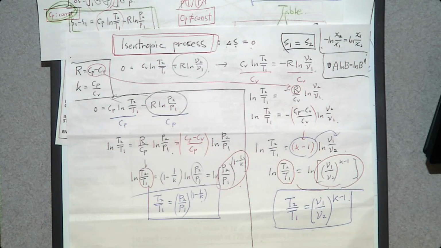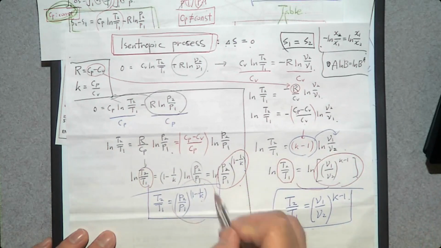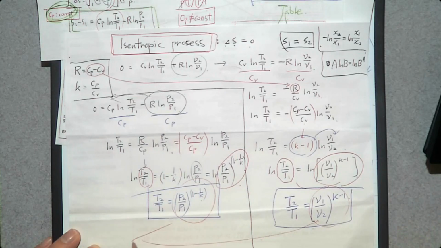Then T2 over T1 is this one. And again, T2 over T1 is this one. So this pressure should be the same as this specific volume. So from these two, we get one more equation.